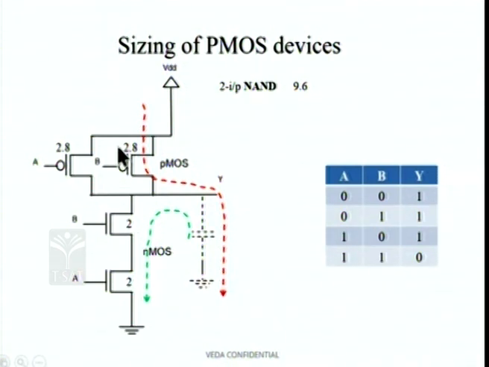Rp is the resistance of the PMOS device in the inverter, Rn is the resistance of the NMOS device, which is the only device in the discharge path. Here, because there are two devices, we have to double their width in order to get a value of resistance equal to Rn. What is the size of this? 2 plus 2 plus 2.8 and 2.8, 5.6 plus 4 is equal to 9.6.